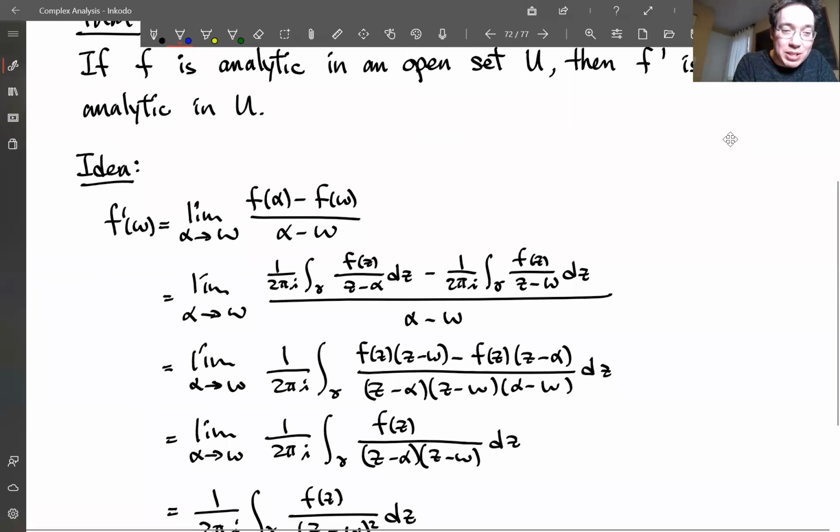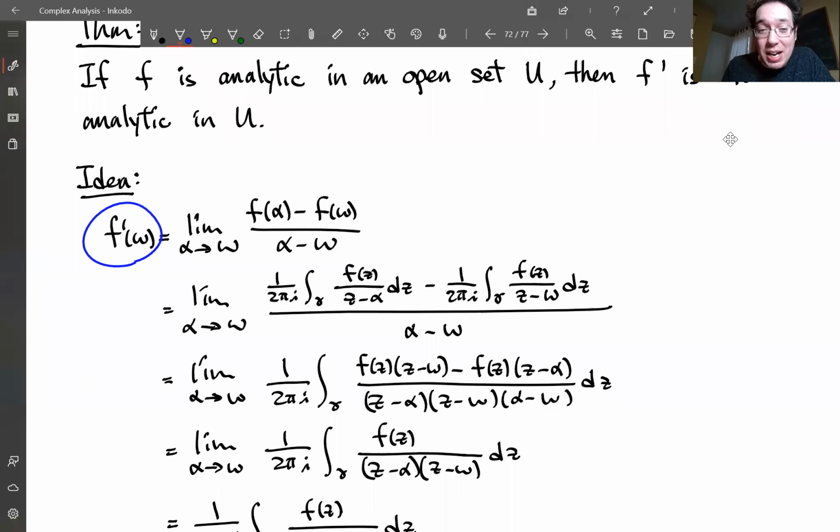Okay, so let's look at f prime, and we're going to see if we can compute the difference quotient limit. So that's what we would have. I'm going to use the letters alpha and w here. Okay, so for the function f, f of alpha and f of w in the numerator, I'm going to rewrite those using the Cauchy integral formula.